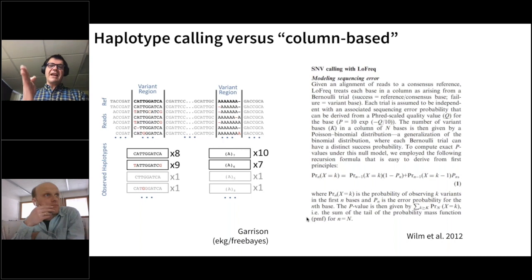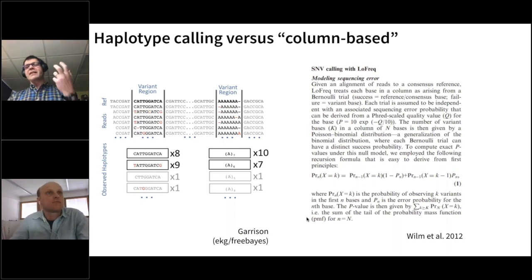It considers every column independently, and it has a rather simple dynamic programming algorithm which allows you to calculate the exact probability, the reliability, for a particular variant. So LoFreq is very simple.